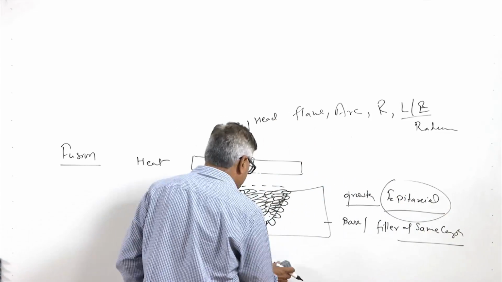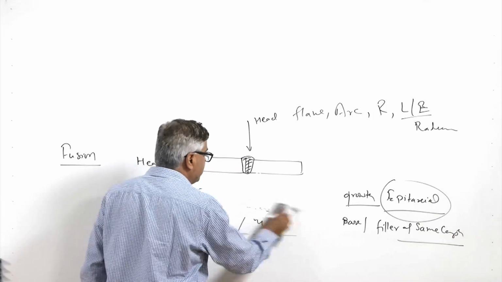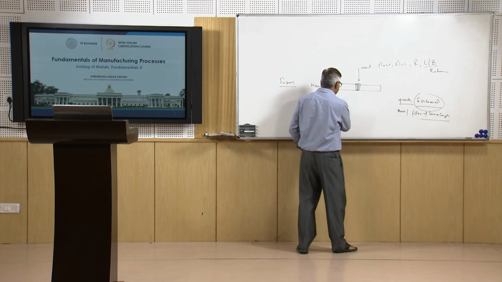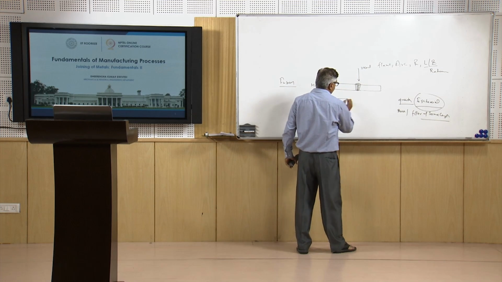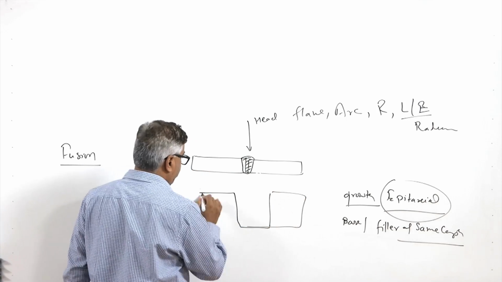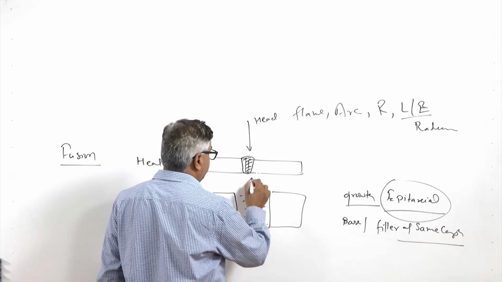In other cases, where the composition of the filler metal is significantly different, conventional solidification is observed, wherein, say, this is the base metal and the weld metal is produced by adding the filler metal from outside.